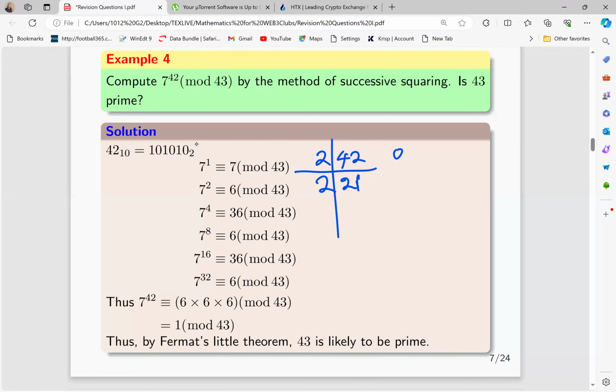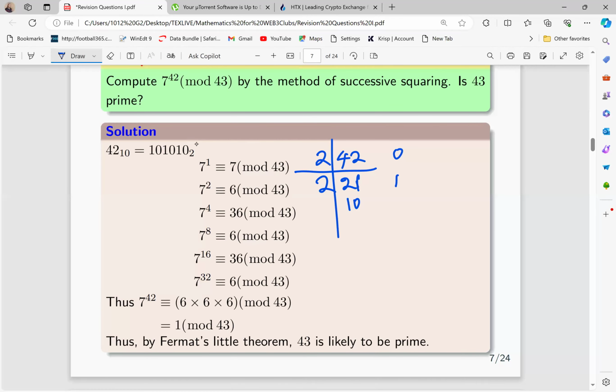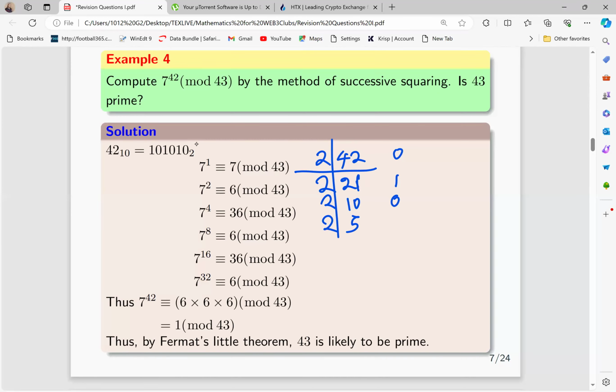And then 21 divided by 2, we are going to get 10, remainder 1. Here we're going to get 5, remainder 0. We're going to get 2, remainder 1. Two divided by 2, we're going to get 1, remainder 0.